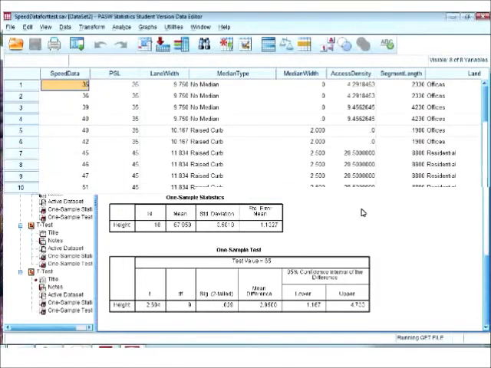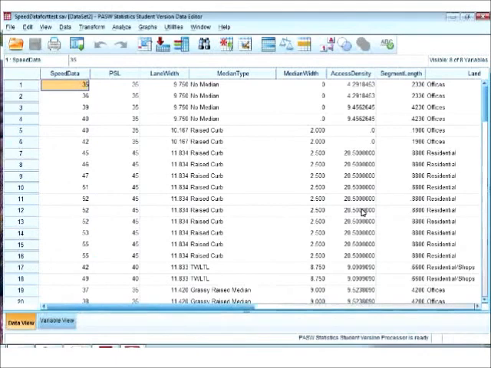What I did is I selected a few values from the speed data set that I discussed with you in the previous classes. So here we have the speed data that we collected, and these are the posted speed limits, the speed limits that are posted.